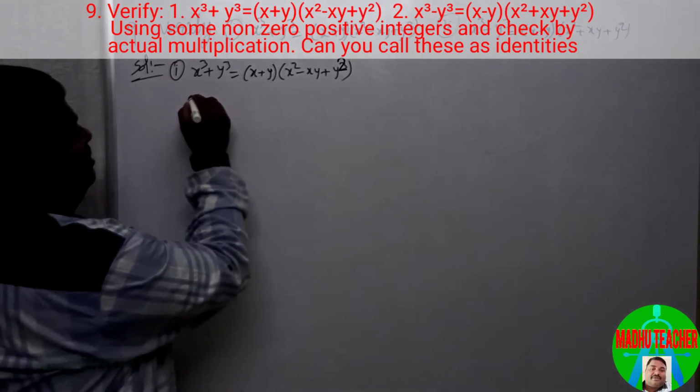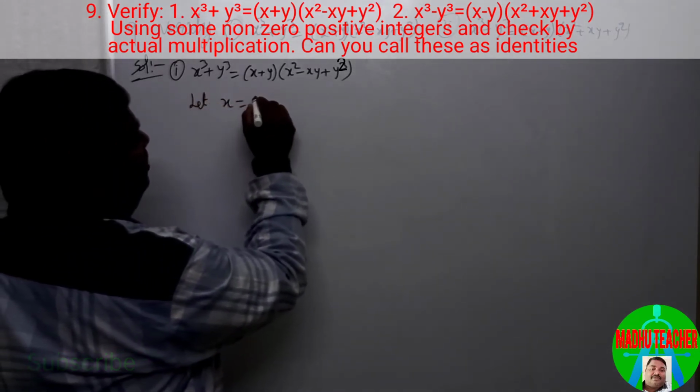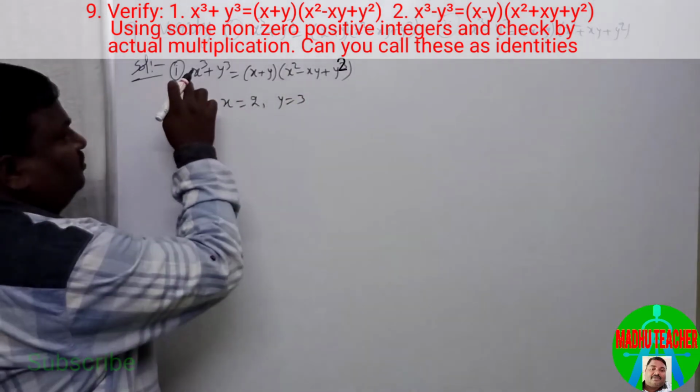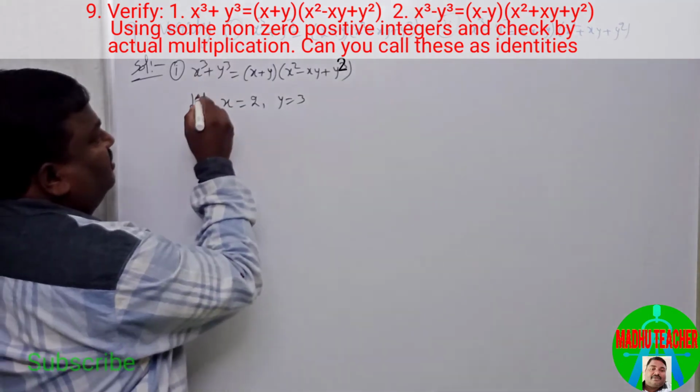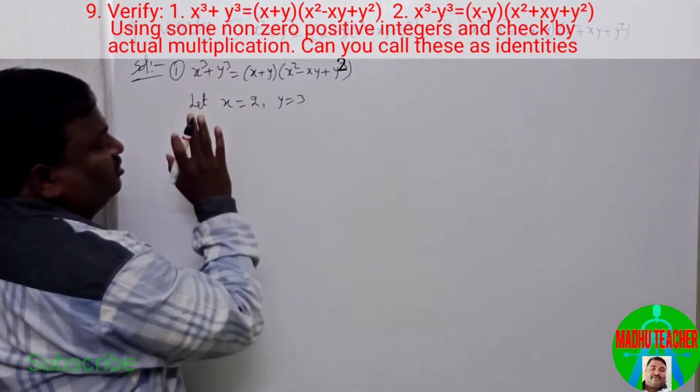So let us take some x equal to, I'm taking very simple numbers, 2 and y equal to 3. So by substituting this, LHS, or we can do it at a time.